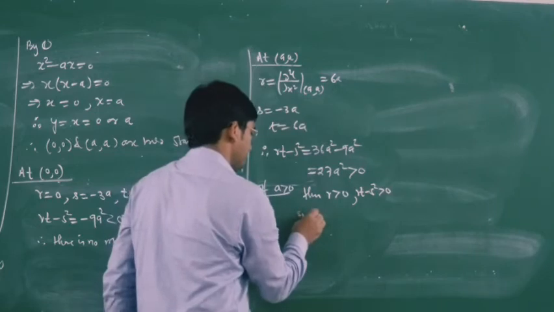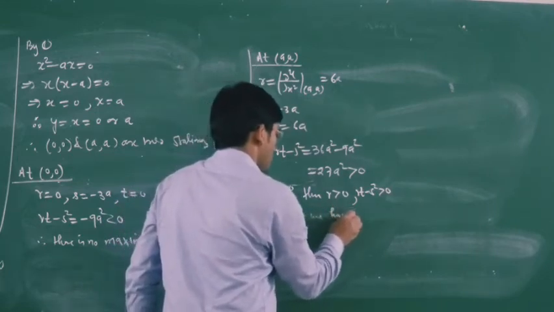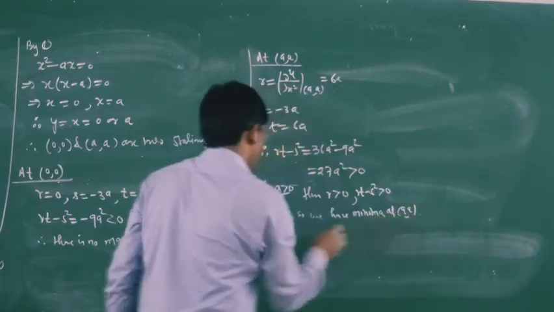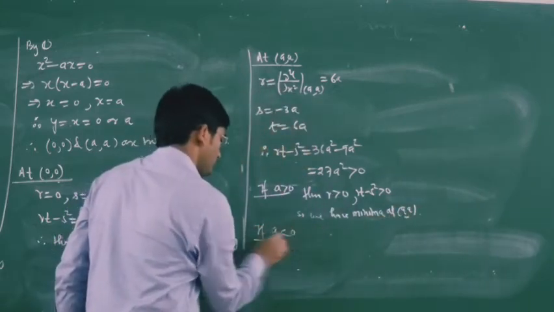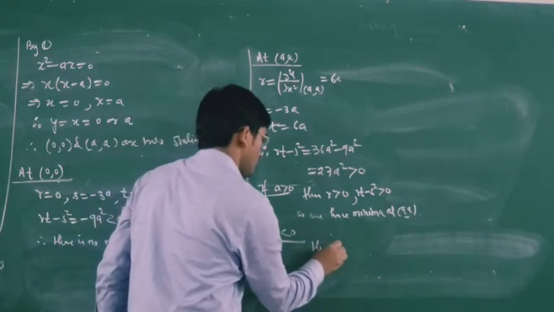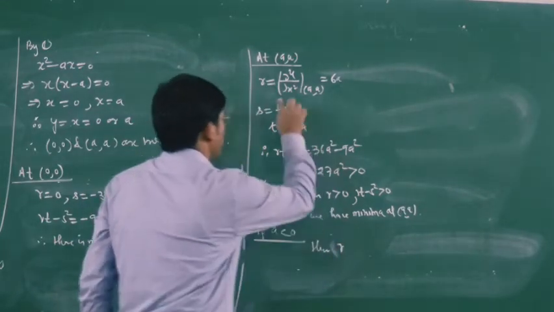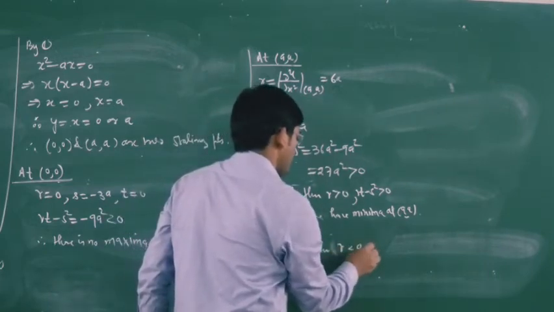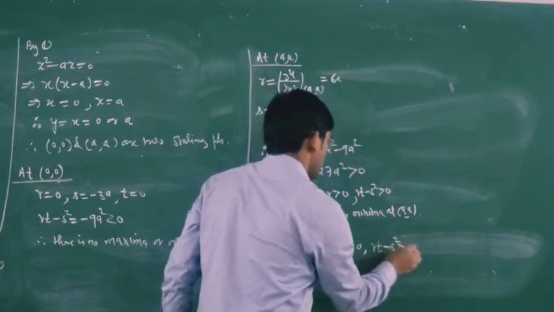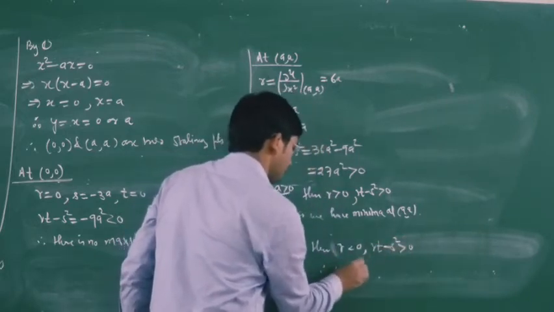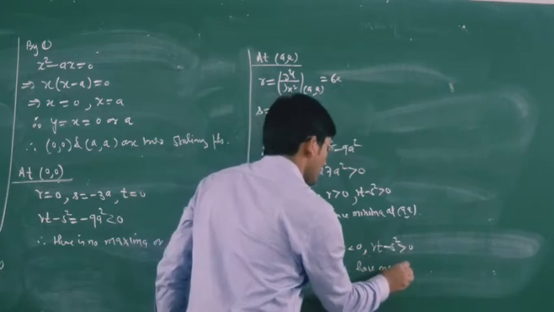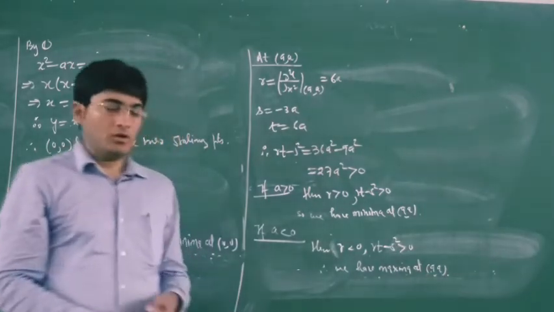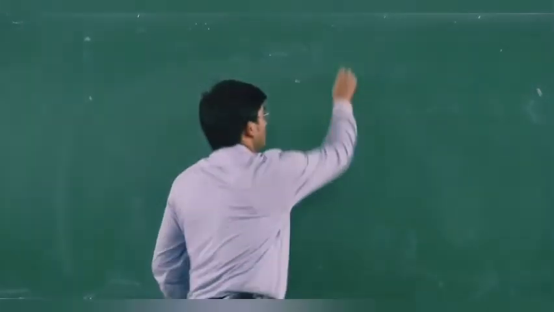So we have minimum at (a, a). And if a is less than 0, then r is negative, rt minus s square is greater than 0. Therefore, we have maxima at this point (a, a), where a is negative. So this is the solution of this problem.